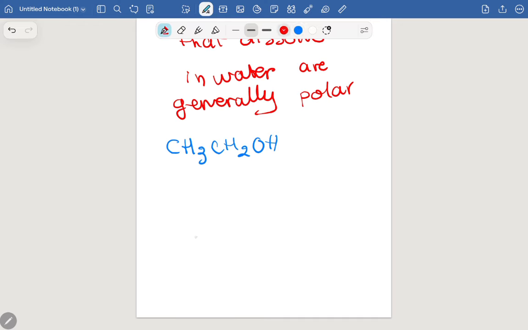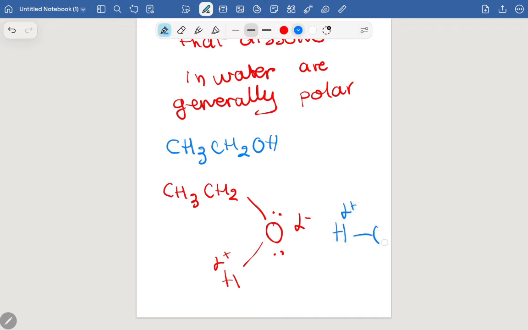Then we have O with the double bonds. Don't forget about them. And then it has a partial negative. And then we will have hydrogen, which will have a partial positive. And then we'll have a water molecule over here, which will have H, a partial positive, oxygen with the double bond, and then hydrogen with the partial positive. And then over here, we will have the same exact scenario.